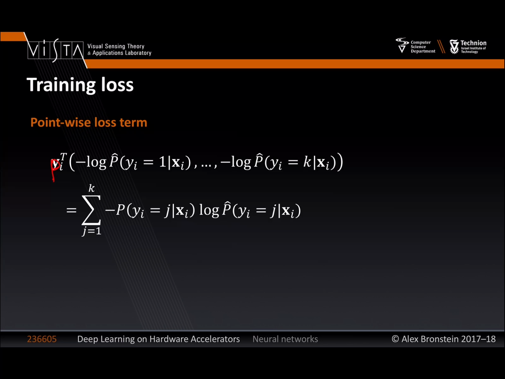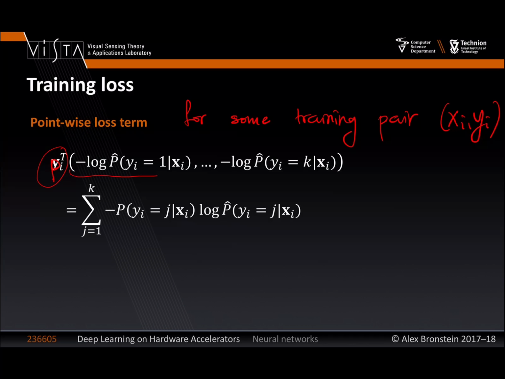Again, this is just for some training pair x_i, y_i. I'm fixing this i, and I will do the same, of course, for every training pair. It is this vector of true probabilities that I'm computing the inner product with, with the negative log probability of my hypothesis.